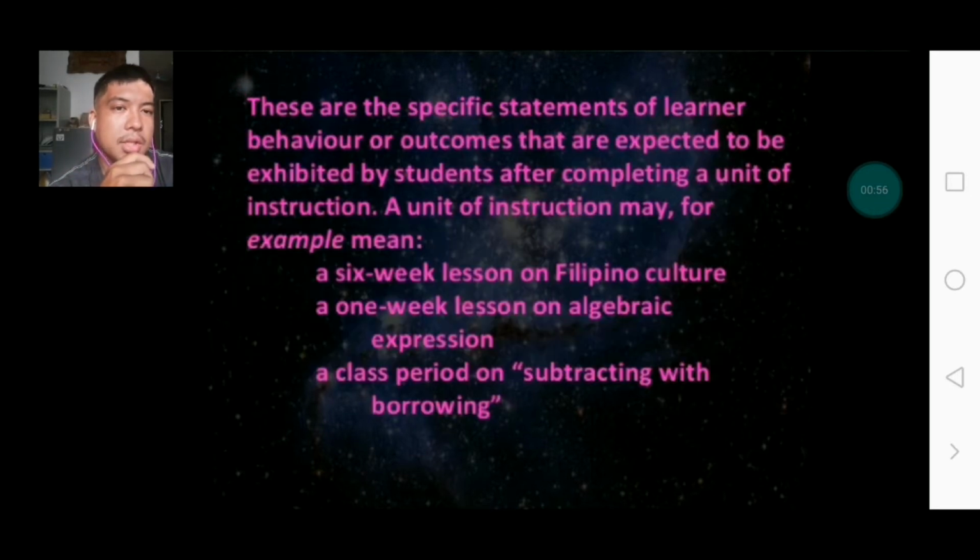Next, these are the specific statements of learners' behavior or outcomes that are expected to be exhibited by students after completing a unit of instruction. A unit of instruction may, for example, mean a 6 week lesson on Filipino culture, a 1 week lesson on algebraic expressions, or a class period on subtracting with borrowing.